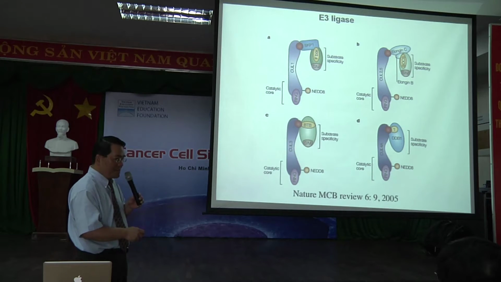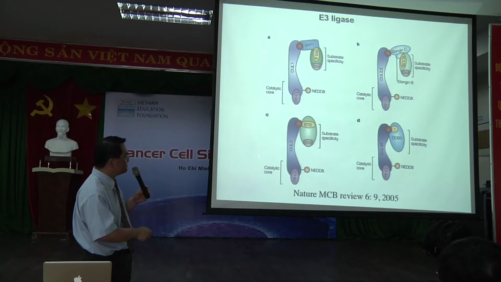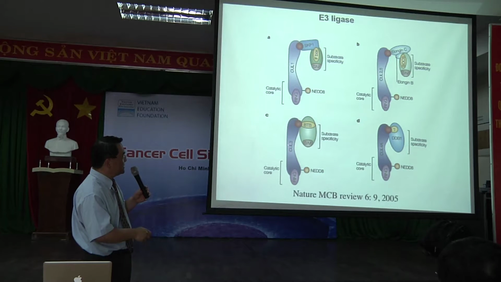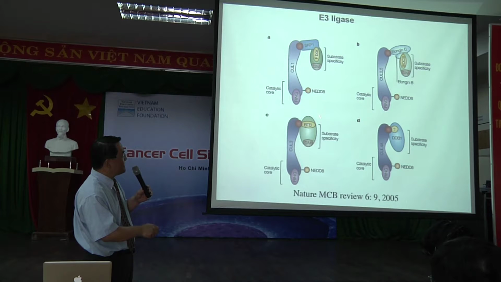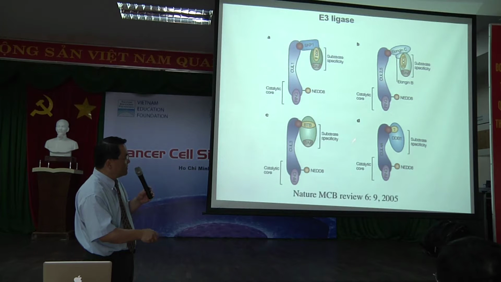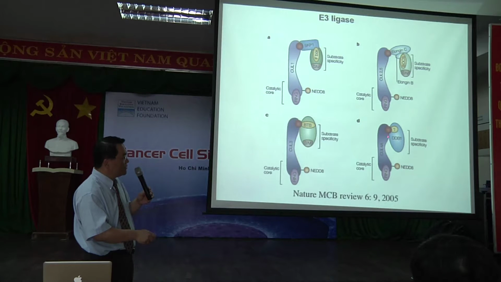Cullin-3 has one adapter, a BTB-containing motif, to recognize certain substrates. Cullin-4 interacts with another adapter called DDB1, DNA damage binding protein 1, to recognize certain substrates.